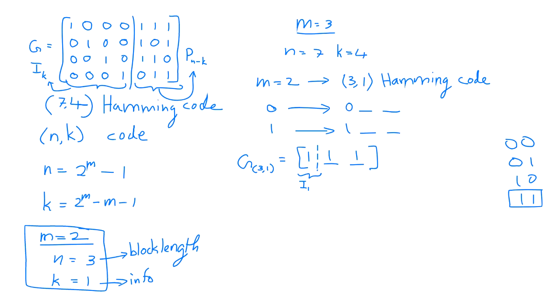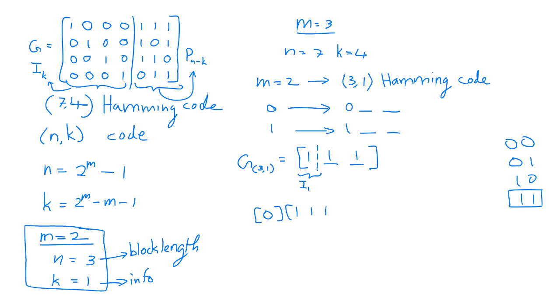So when you put 1, what do you get? Take the message 0 and multiply it with 1, 1, 1.